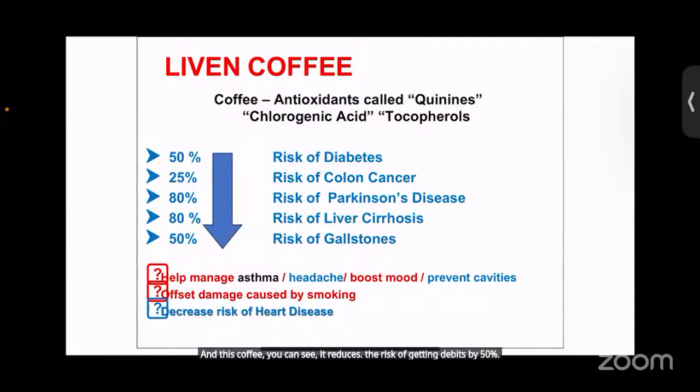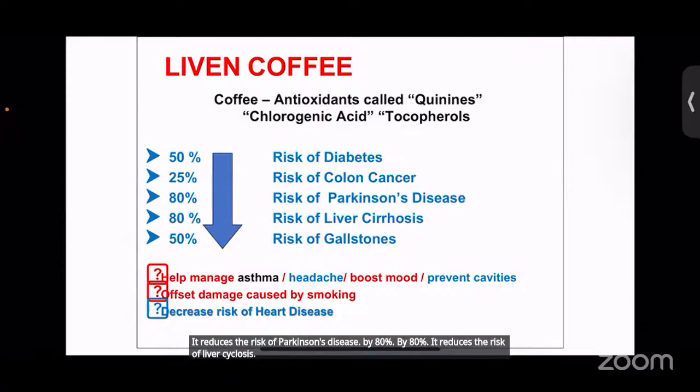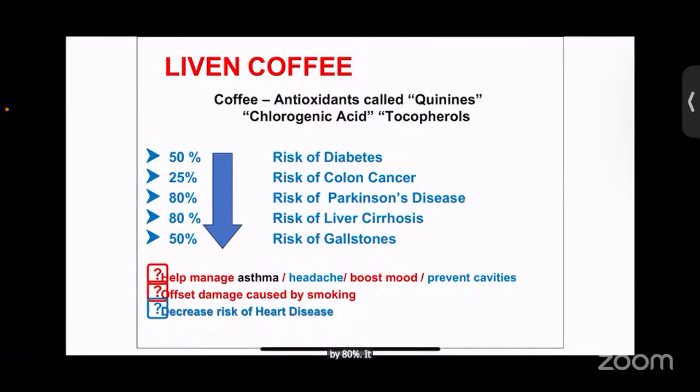It reduces the risk of getting colorectal cancer, or the cancer of the large intestines, by 25%. It reduces the risk of Parkinson's disease by 80%. It reduces the risk of liver cirrhosis by 80%. It reduces the risk of gallstones by 50%.